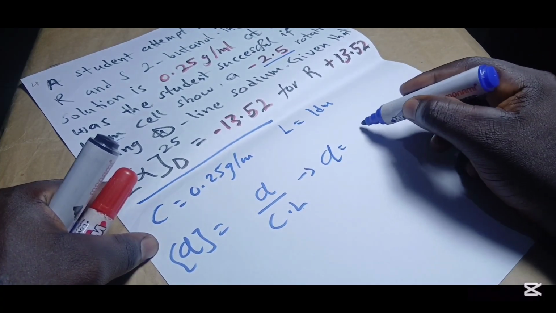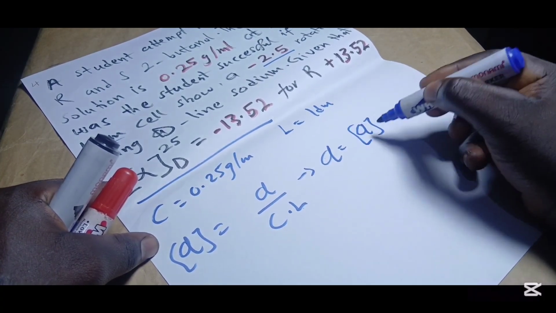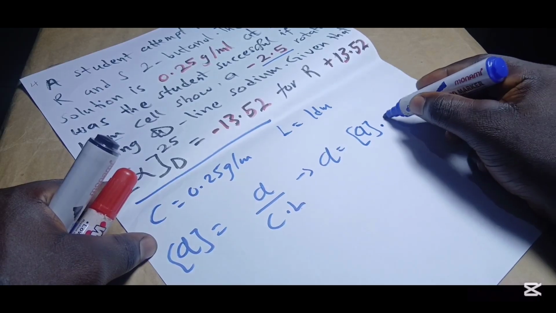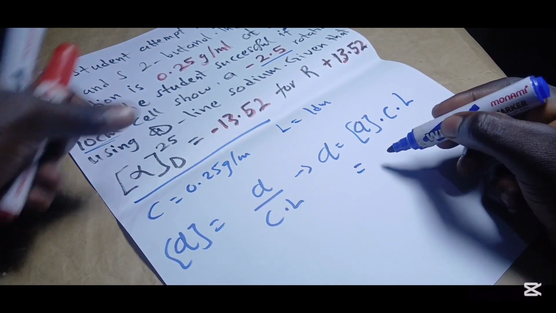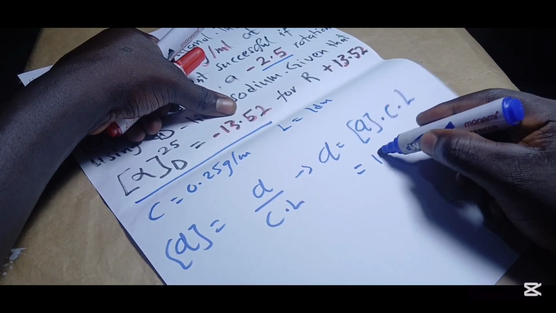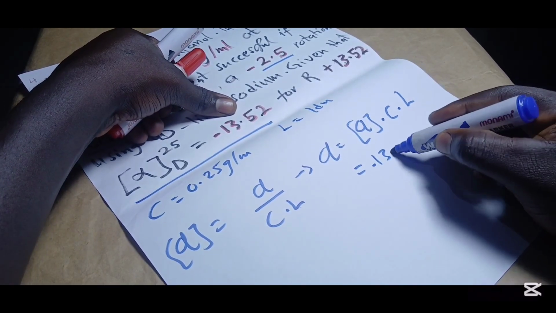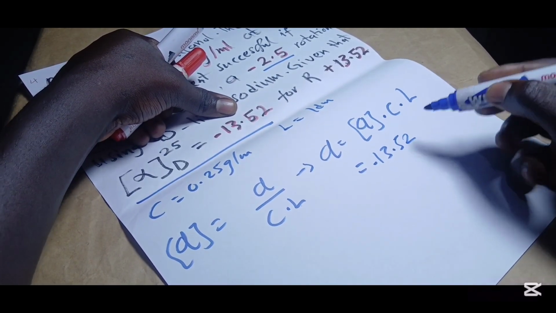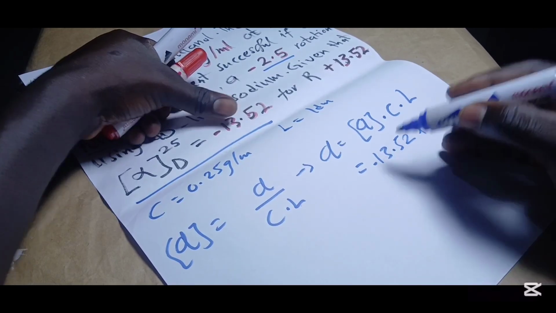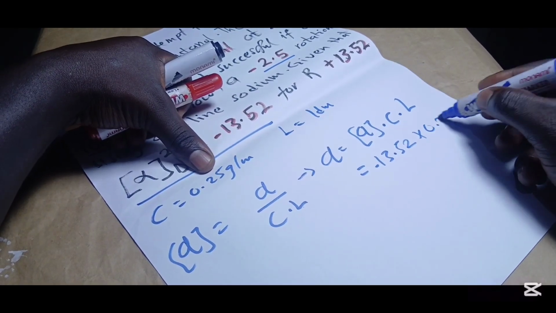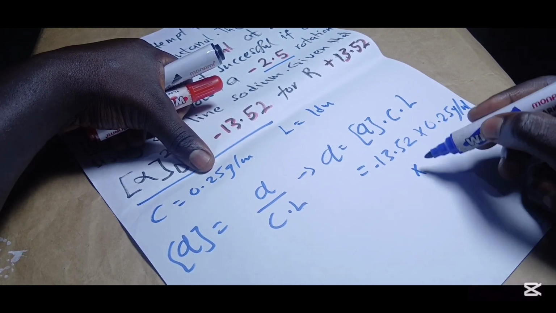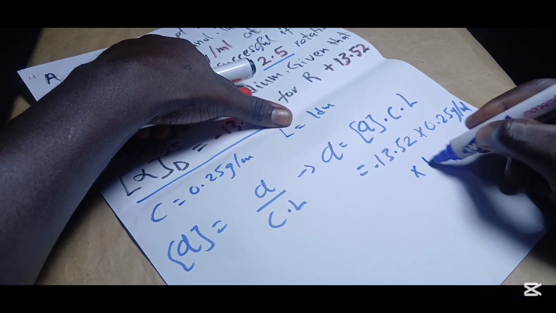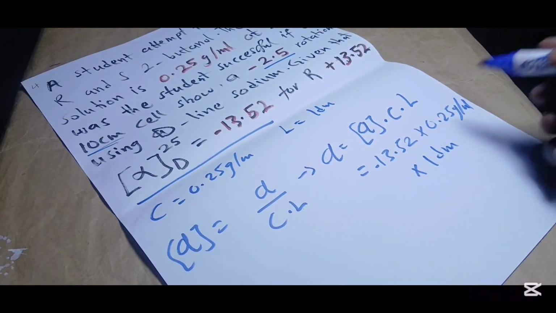So making observed rotation the subject gives us specific rotation multiplied by concentration multiplied by path length, which is minus 13.52 multiplied by the concentration, 0.25 gram per ml, multiplied by 1 decimeter.